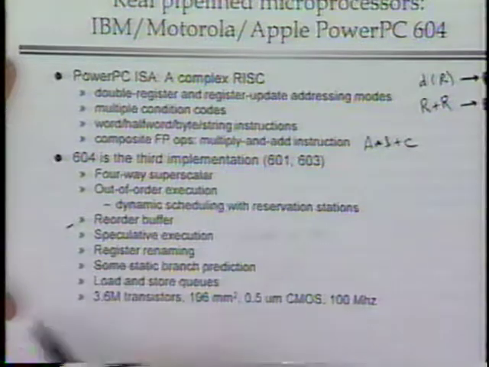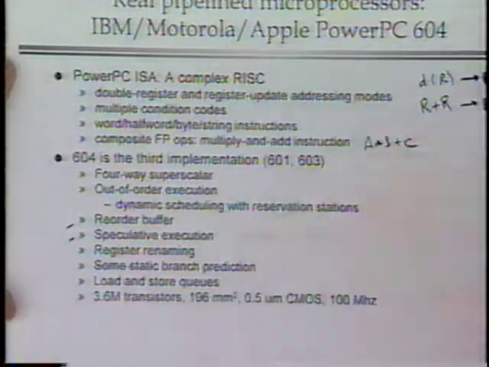It has a reorder buffer. It allows speculative execution beyond 2 branches, so you can speculatively execute, save the results of instructions that may be 2 branches away from really knowing whether or not they're truly executed or their results are to be saved.